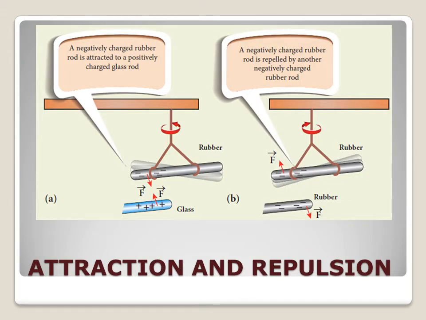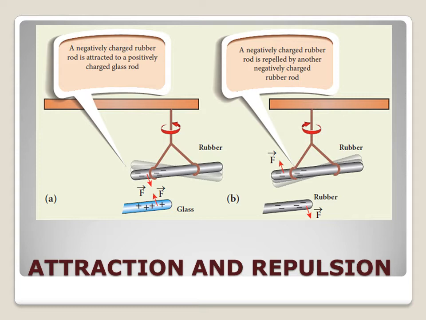Now, you have here a rubber rod, and from this rubber rod, we can explain what is attraction and repulsion. You have a glass rod and a rubber rod. If you hang a rubber rod using a thread, and you bring another rubber rod near it, the rods repel each other.